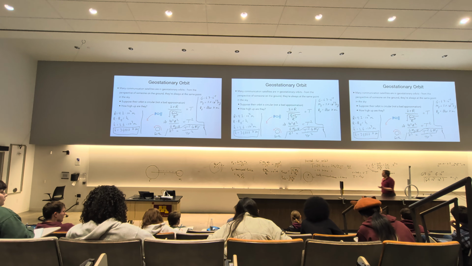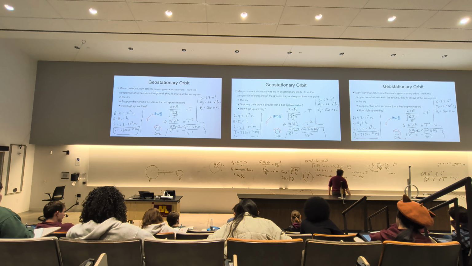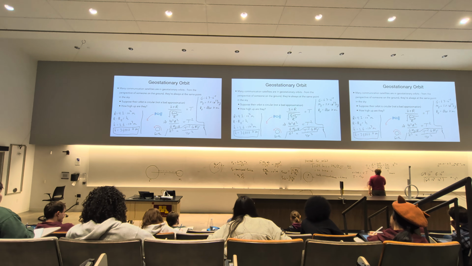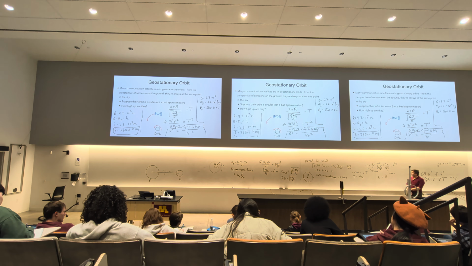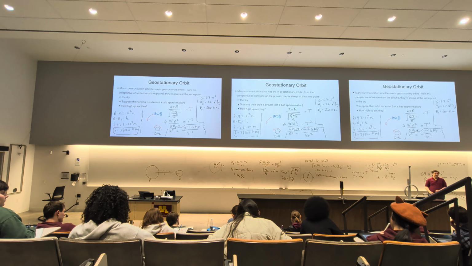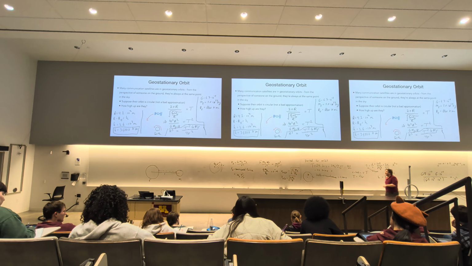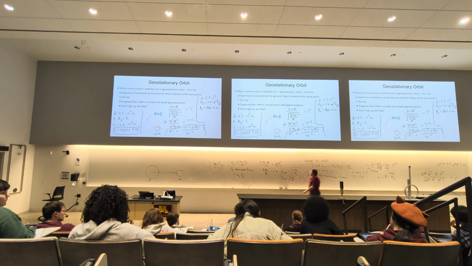So we get r, and then, having obtained r, if I want to know the height above the Earth's surface, that is the distance from the center of the Earth minus the radius of the Earth. That's how high these things are above our heads. So you just have to plug in some numbers and have some fun. It's kind of an entertaining little exercise.